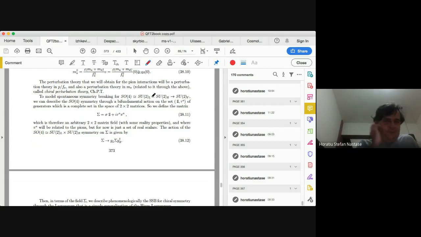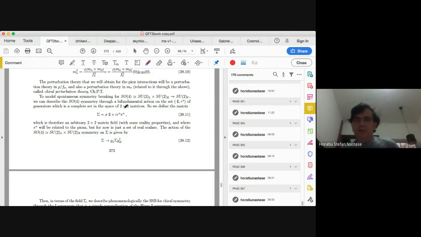So one way to describe this spontaneous symmetry breaking is if you define SO4 through a bifundamental action, so for SO3 cross SO3, or SU2 cross SU2, acting on the set of generators: the identity and tau A being the Pauli matrices, which generate a complete basis in the space of 2 cross 2 matrices.